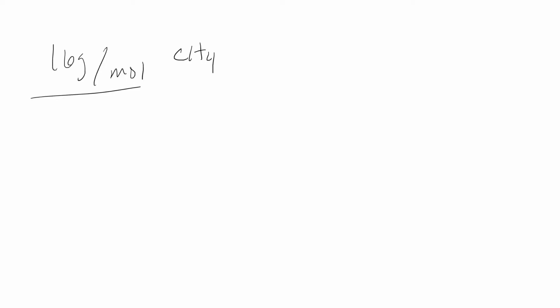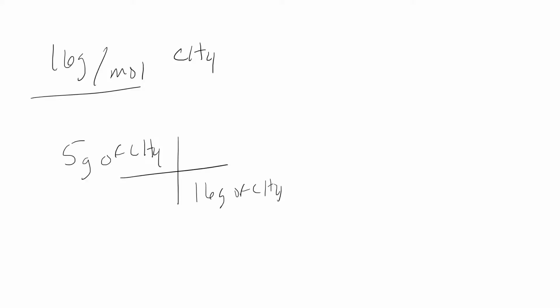Because I need to convert to moles, I could take 5 grams of CH4, multiply it by 1 mole of CH4 over 16 grams of CH4. Keep in mind the grams at the bottom and the grams at the top can be crossed out. It should give me 0.3 moles of CH4.